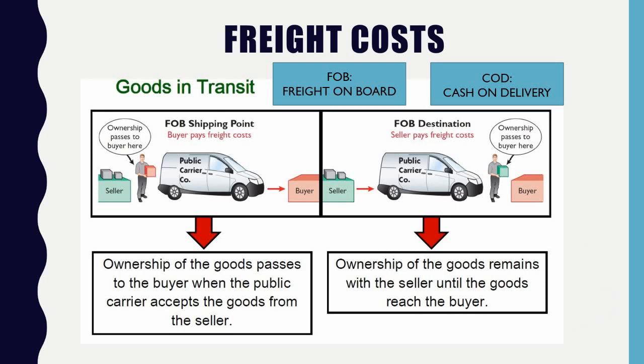And there are two types of shipping. FOB is freight on board. Usually freight on board is company related. So if a company is selling you the product, FOB is usually attached as part of their delivery services. Then you have COD, where a company usually has a third-party vendor that helps ship out packages.